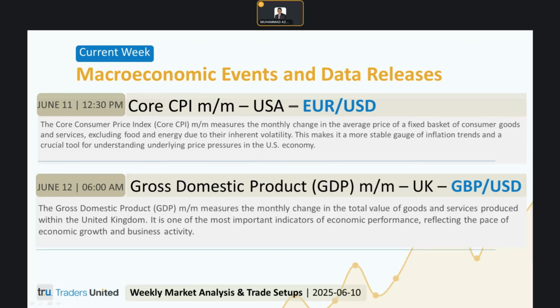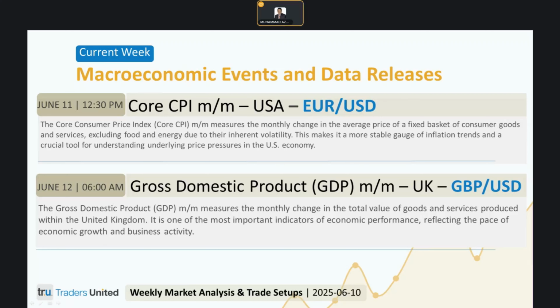A stronger GDP reading generally leads to higher interest rate expectations, which can support the British pound. On the other hand, a weak GDP figure may signal economic weakness, potentially triggering dovish action from the Bank of England and weakening the GBP.